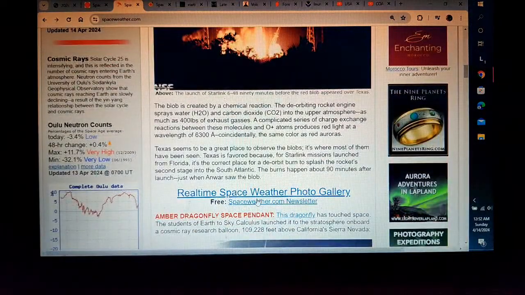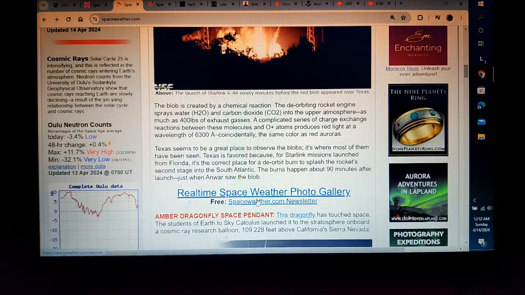The blob is created by a chemical reaction. The deorbiting rocket engine sprays water, H2O, and carbon dioxide, CO2. Wait a second. CO2? The deorbiter is spraying CO2.